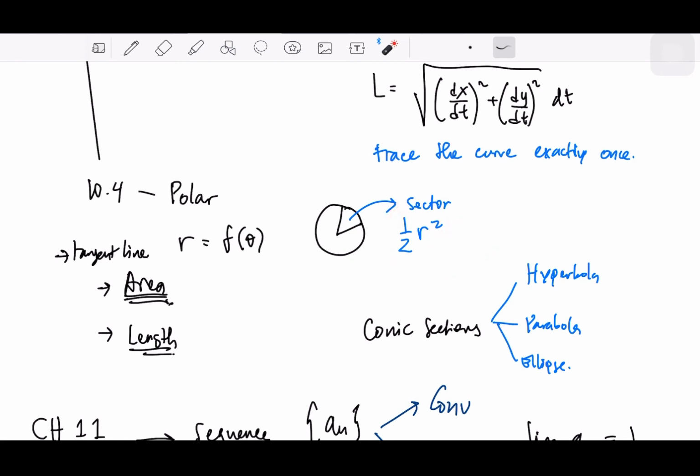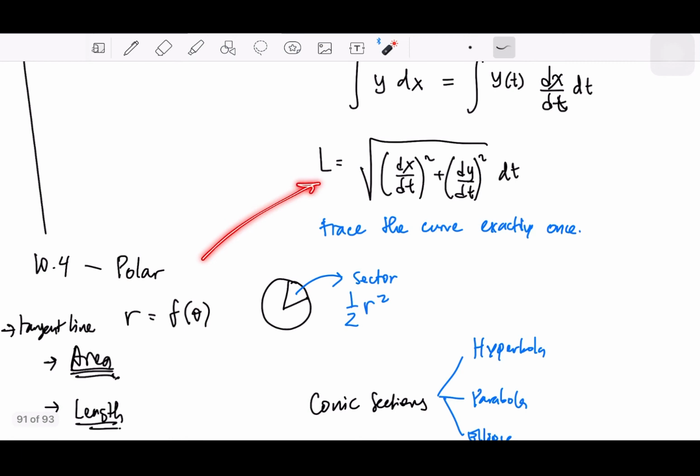And also length, how to measure the length of a polar curve. It's similar to what we have in parametric, but the difference is we are going to exchange this into r and dr over d theta.